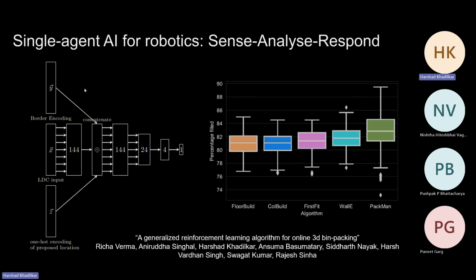And if you don't like this particular location, you can propose another location and try that as well. So you can use some sort of logic like your friend was suggesting, put the parcel on the floor first. But if there are many parts of the floor where you can put the parcel, you can try them all out using your neural network.